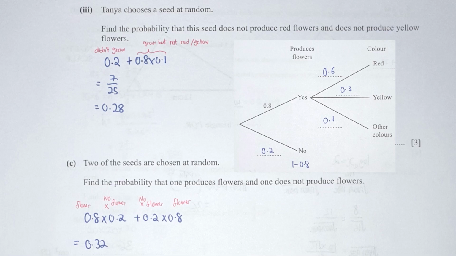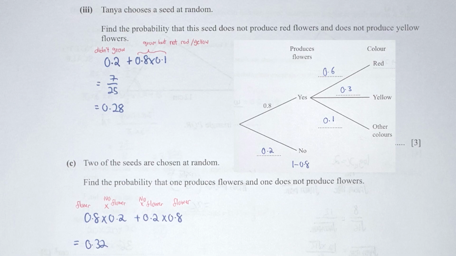As for part 3, Tanya chooses a seed at random. Find the probability that the seed does not produce any red flowers and does not produce any yellow flowers. So please take note that since they say the seed does not produce red or yellow, remember to add the 0.2, followed by the situation where it did grow, but whatever it grew wasn't red nor yellow.